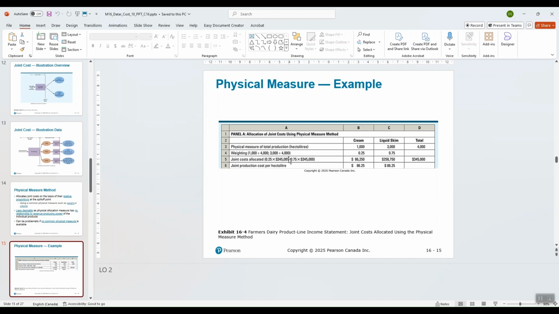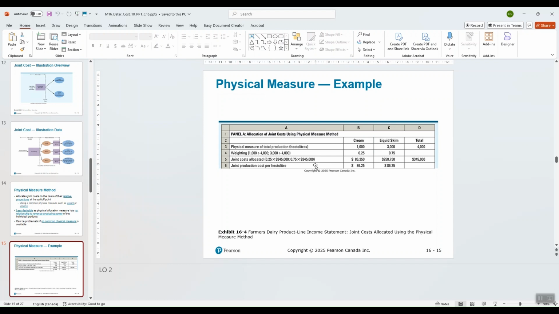Now we create the weightage between both these products. 1,000 divided by the total 4,000 is 25%, and 3,000 divided by 4,000 is 0.75, which is 75%. Now, the joint cost was 345,000. We allocate 25% of that to the cream, and 75% we allocate to liquid skim milk.